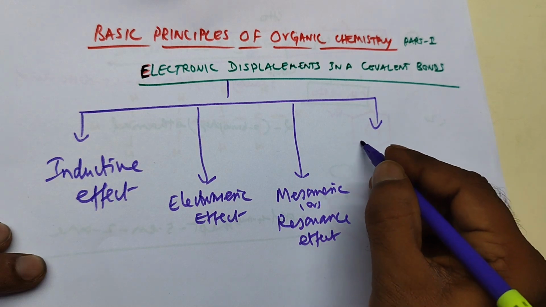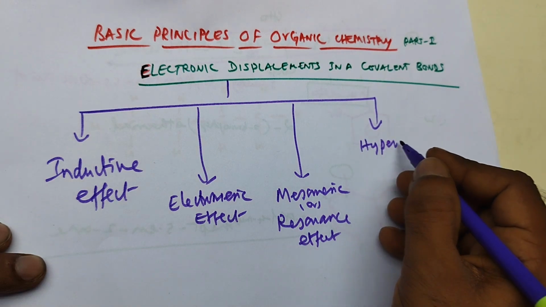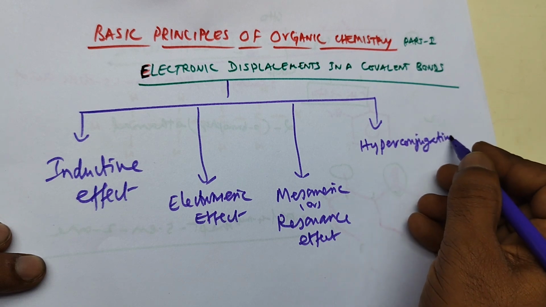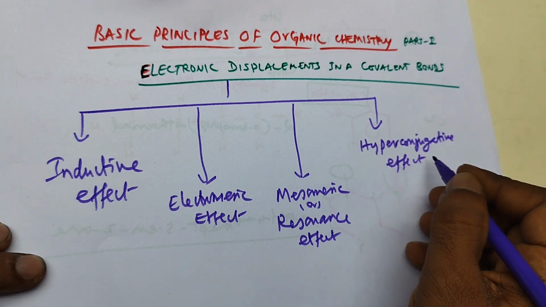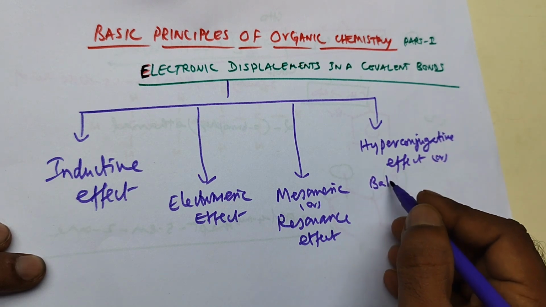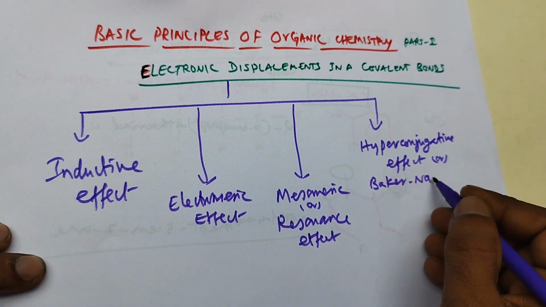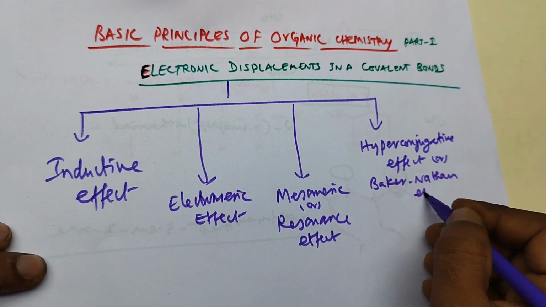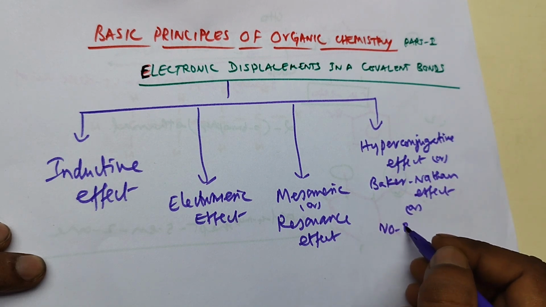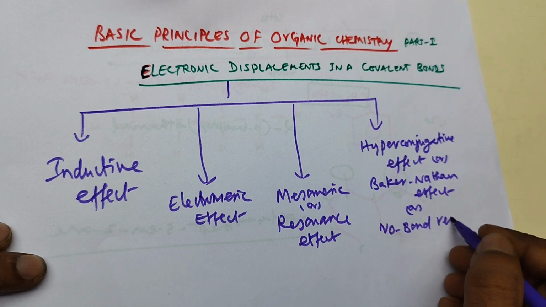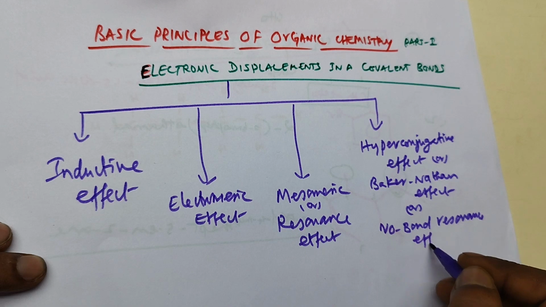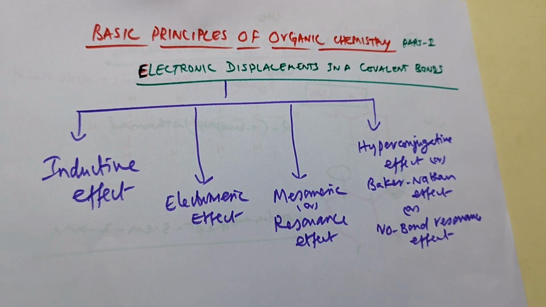The last one is the hyperconjugative effect, otherwise known as the Baker-Nathan effect, or no bond resonance effect. So we will discuss them one by one.